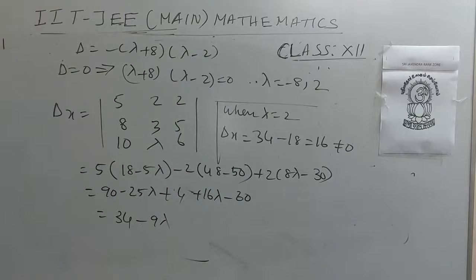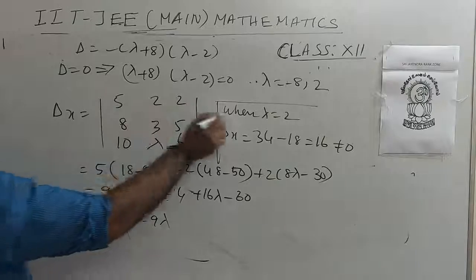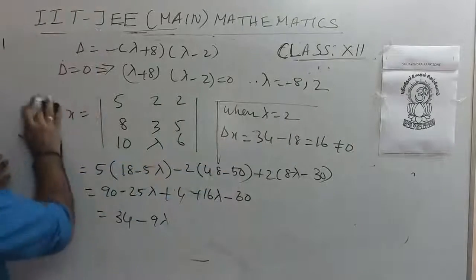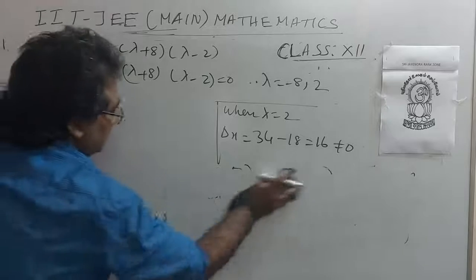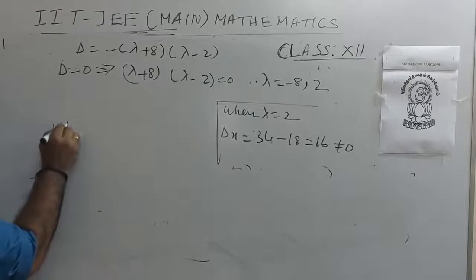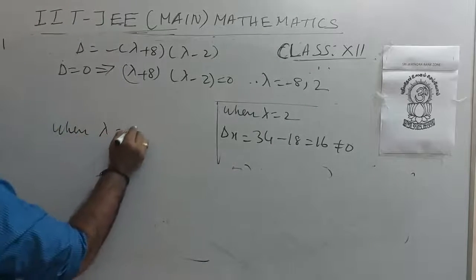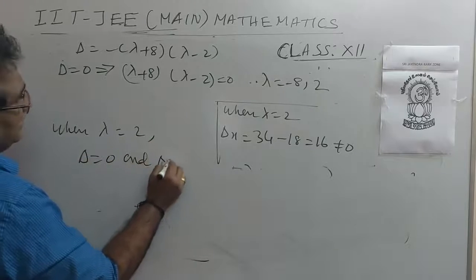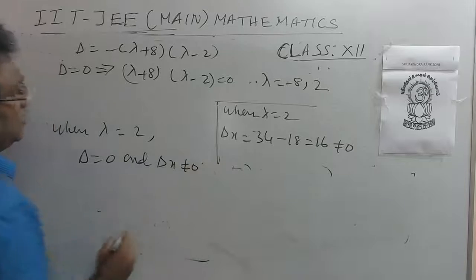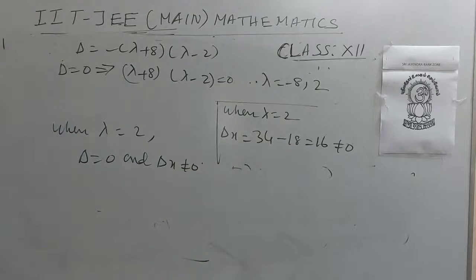So when lambda equal to 2, delta equal to 0 and delta x not equal to 0.